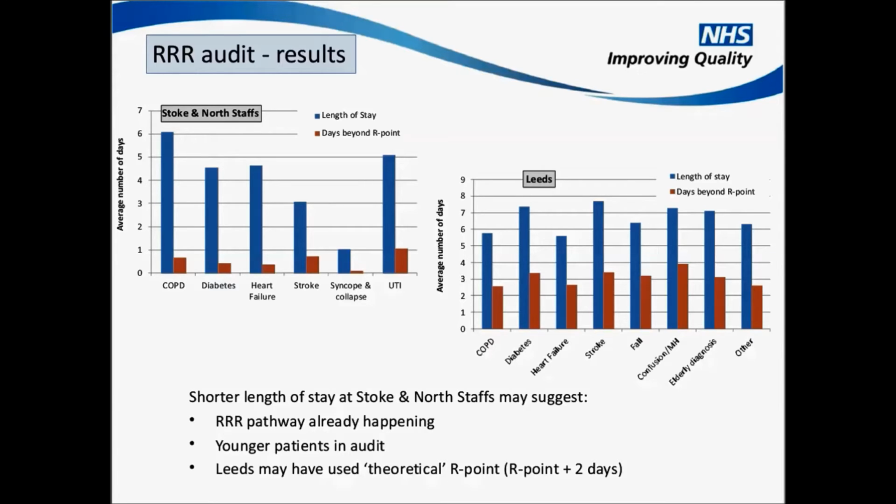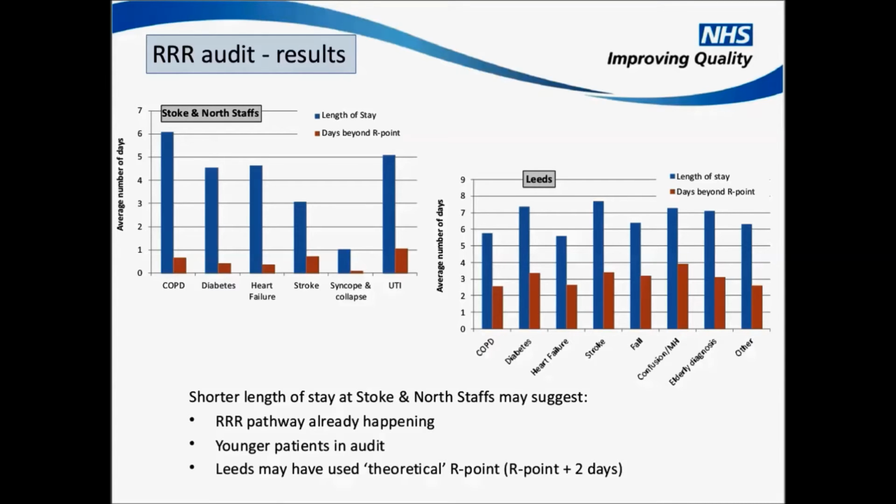I want to say at this stage that the early implementers were asked to look at 4 long-term conditions or chronic conditions in particular, and they were COPD, diabetes, heart failure, and stroke. Some of the early implementers decided they wanted to extend that, so Stoke and North Staffordshire added UTI and syncope and collapse as 2 other chronic conditions that they were particularly interested in.